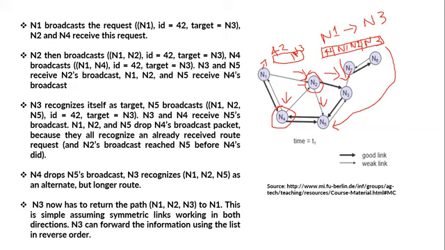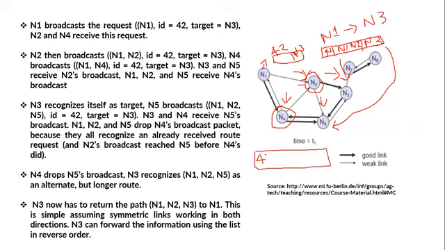Similarly, the same packet will go to N5 also. Now N4 also should broadcast. Where will N4 broadcast? It will broadcast to N5, to N2, and also to N1. So the packet that N4 broadcasts will look like this.